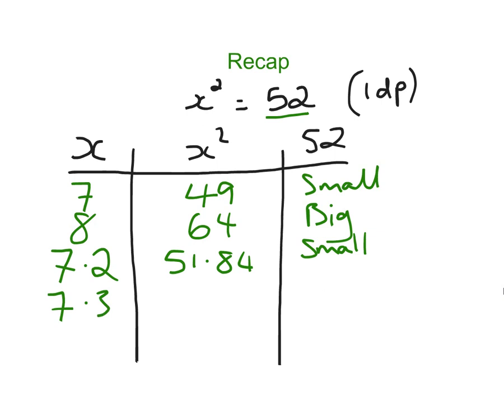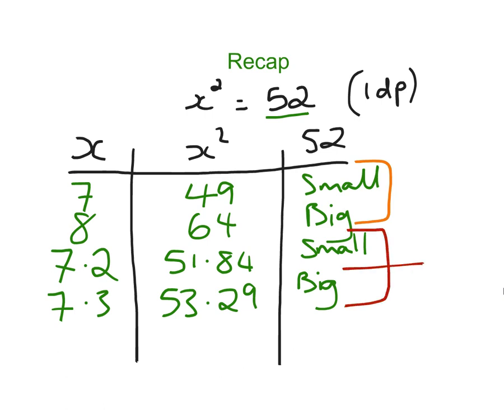7.3 squared is 53.29. So it's now a little bit too big. Whereas in the first case we knew it was between these two values, we now know that it's between these two values. So I'm going to pick the number that goes right in between here.